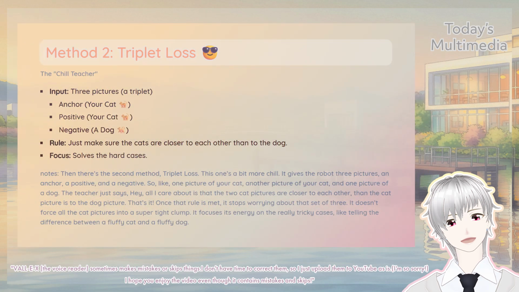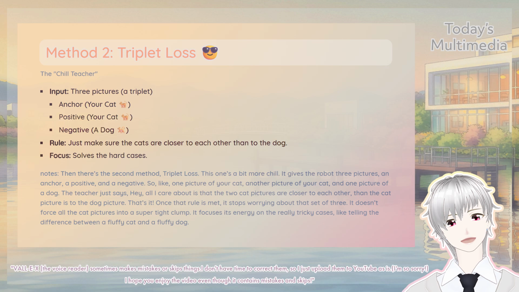Then there's the second method, Triplet Loss. This one's a bit more chill. It gives the robot three pictures: an anchor, a positive, and a negative. So like one picture of your cat, another picture of your cat, and one picture of a dog. The teacher just says, hey, all I care about is that the two cat pictures are closer to each other than the cat picture is to the dog picture.